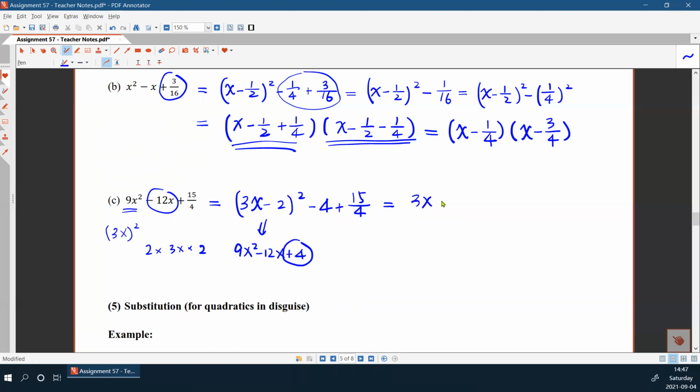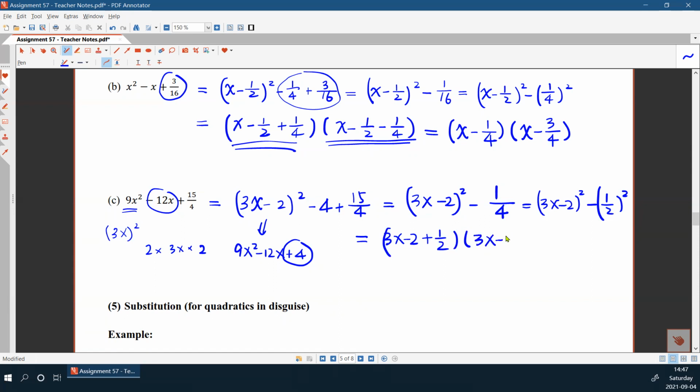So this is 3x minus 2 to the power of 2 minus 4 is the denominator, and the numerator would be minus 1, right? Okay, so here we have 3x minus 2 to the power of 2 minus 1 over 2 squared. Again, we can use a formula to factor this. This is actually 3x minus 2 plus 1 over 2 times 3x minus 2 minus 1 over 2, right?